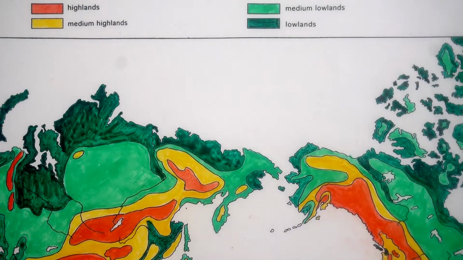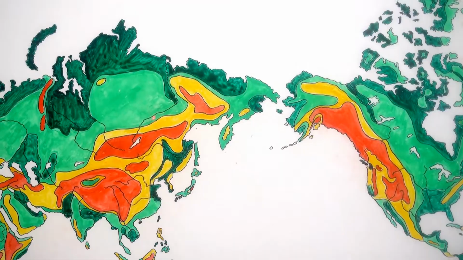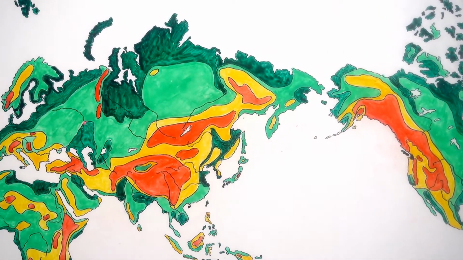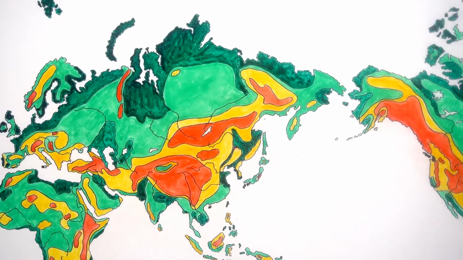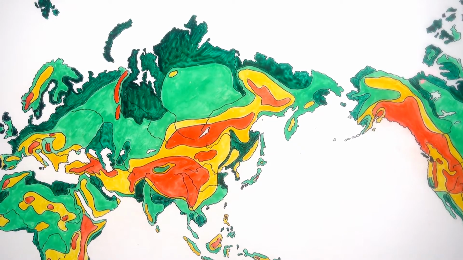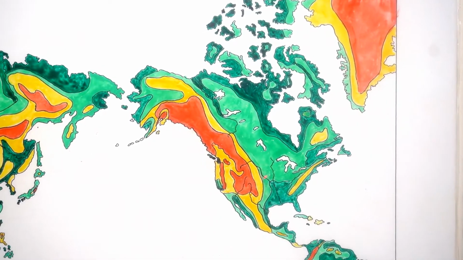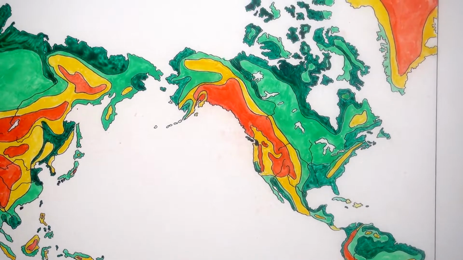And then we have these thread-like marks. You see them here, wiggly. These are the rivers. You can see them.